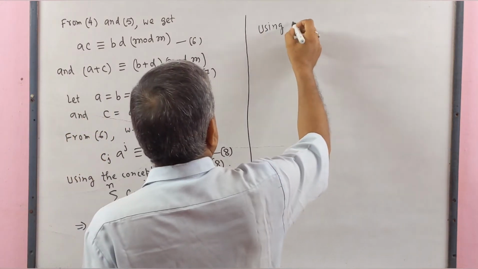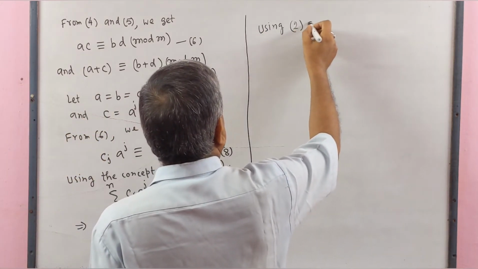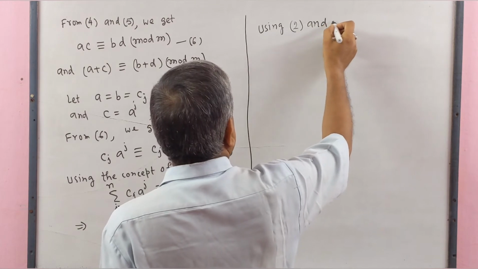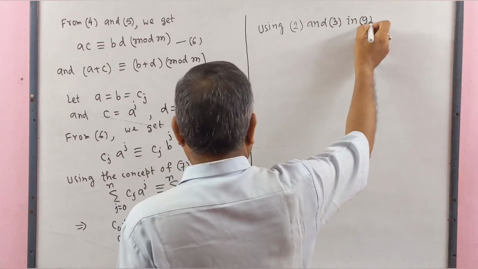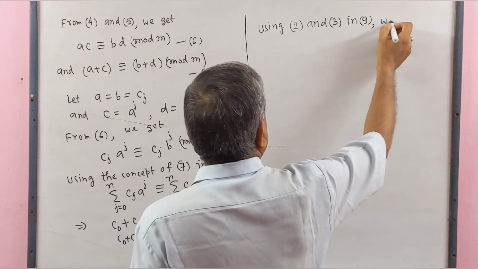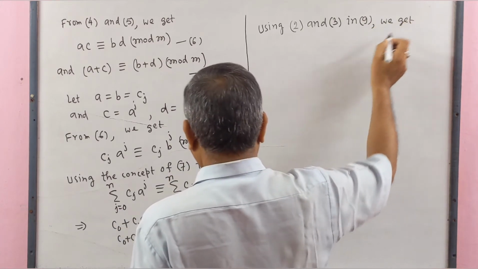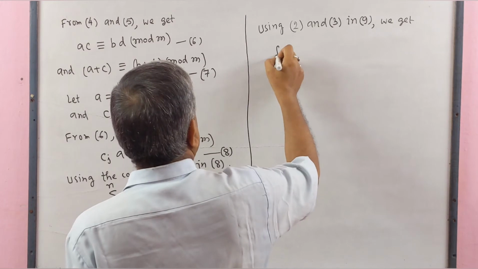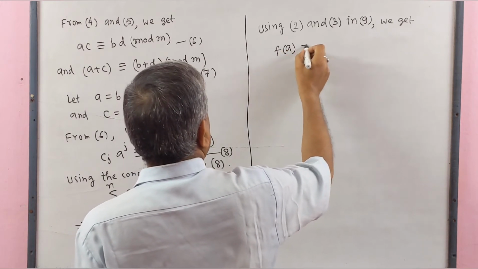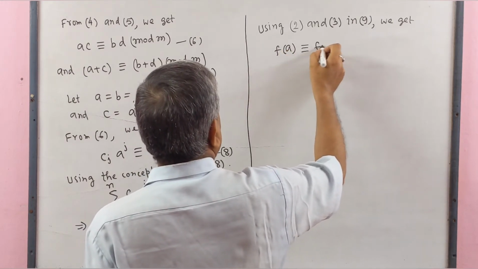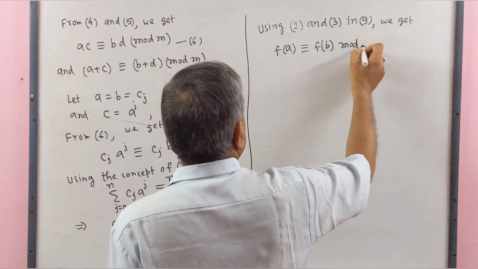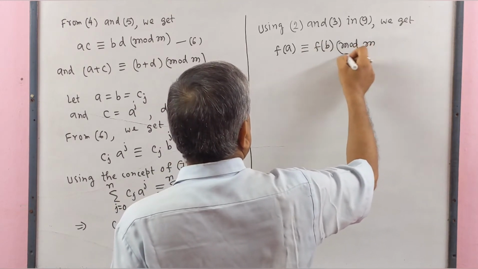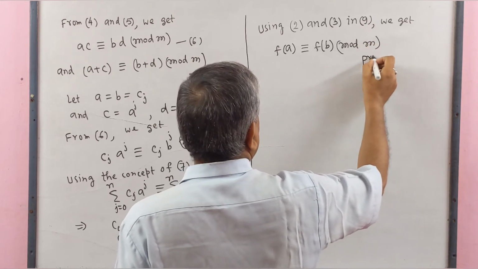Using 2 and 3 in 9, we get f(a) congruent f(b) modulo m. Proved.